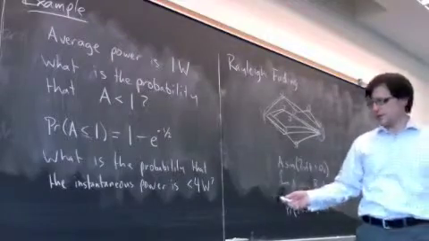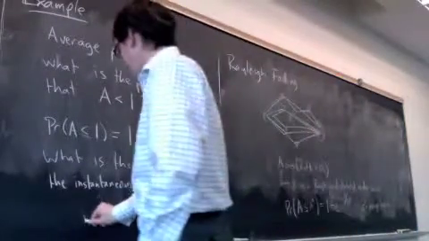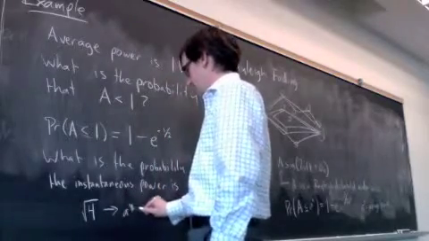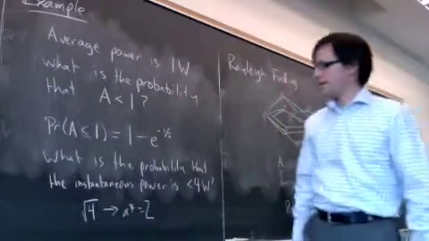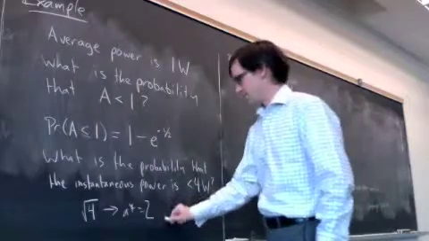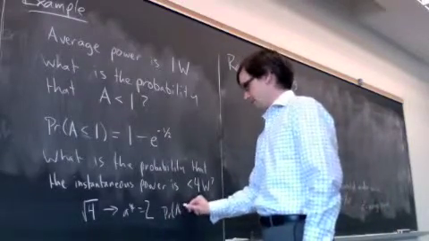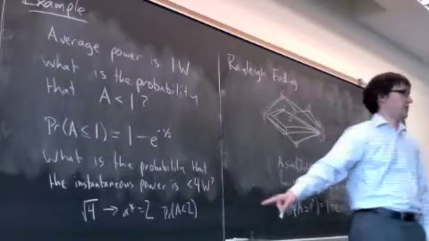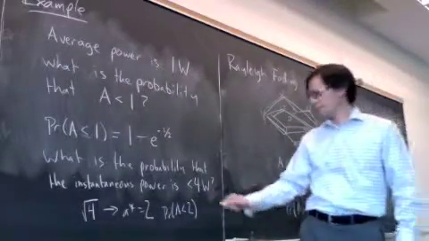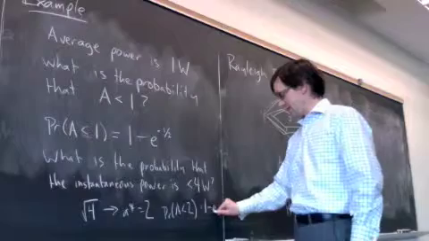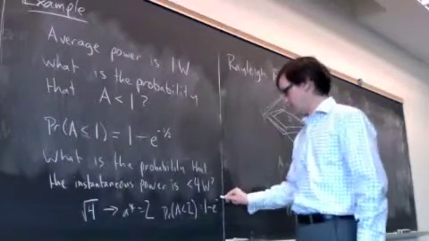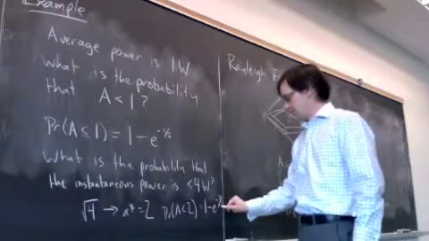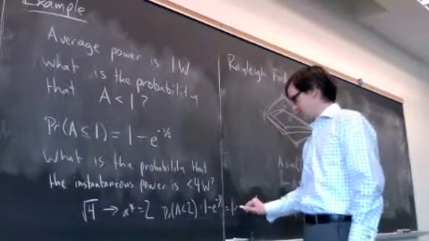So if we take the square root of 4, we get that A star equals 2, and therefore the answer to this problem is the probability that A is less than 2, which is equivalent to A star squared being less than 4, is equal to 1 minus e to the minus 2 divided by 2 sigma squared. Sigma squared is still 1. So this is equal to 1 minus e to the minus 1.